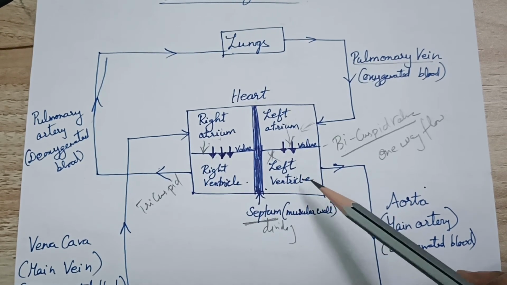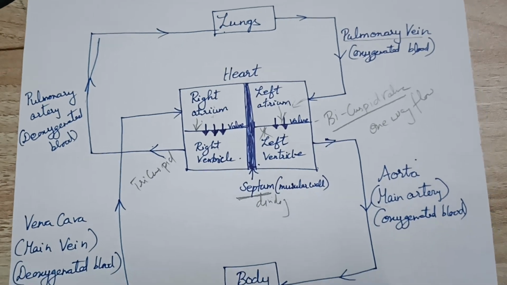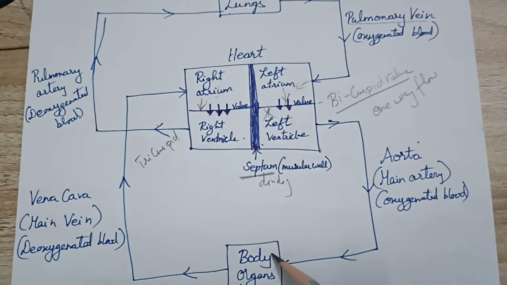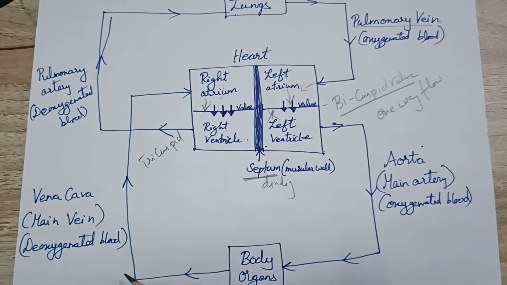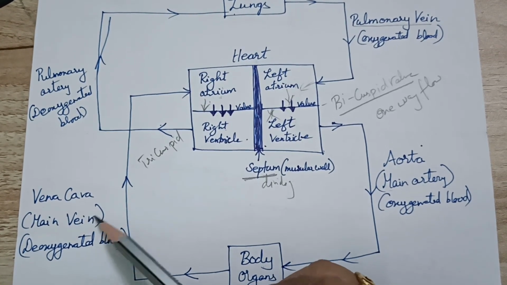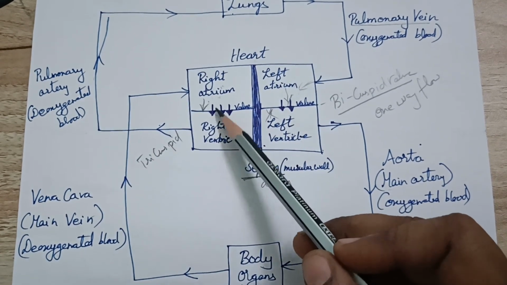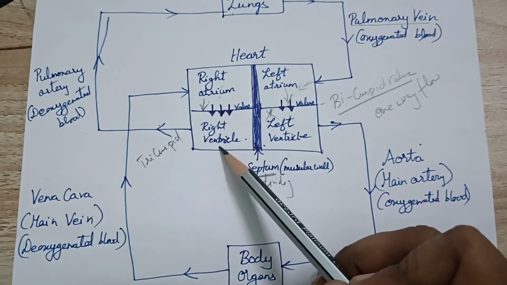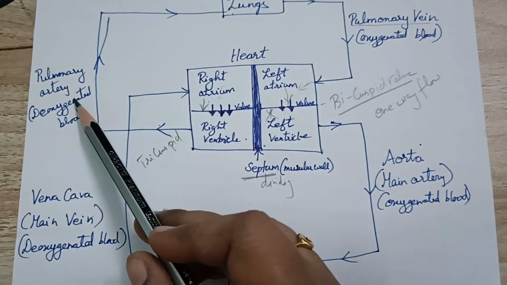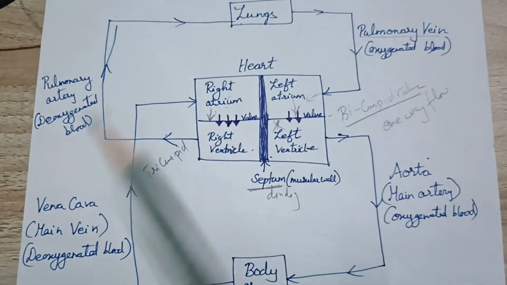When it contracts, it pushes the blood to the aorta, and it enters all parts of the body. Once the oxygen is used, you get deoxygenated blood, which is carried through the vena cava into the right atrium. Then there is the tricuspid valve, and it enters the right ventricle. Through the pulmonary artery, it enters the lungs for oxygenation.